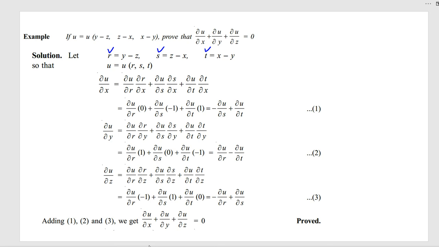Some more complicated situation because here u is a function of r, s, and t. Then prove that this relation is satisfied. So again, I will leave it as an exercise to verify this relation. There you will try to apply this formula when we have three variables, and the variables are actually functions of x, y, z. So in that case, you try to verify these results.